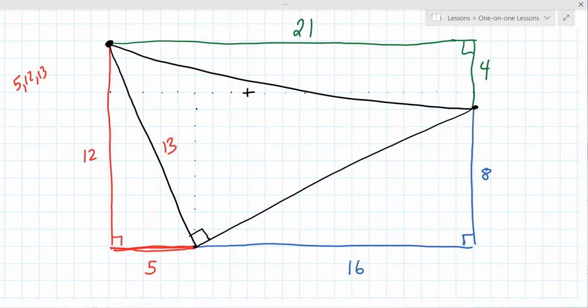So it's 8 root 5. Maybe that is right. Yeah, I guess that is right. It's the square root of 320 though. Can I leave it as that? Yeah, for the time being.